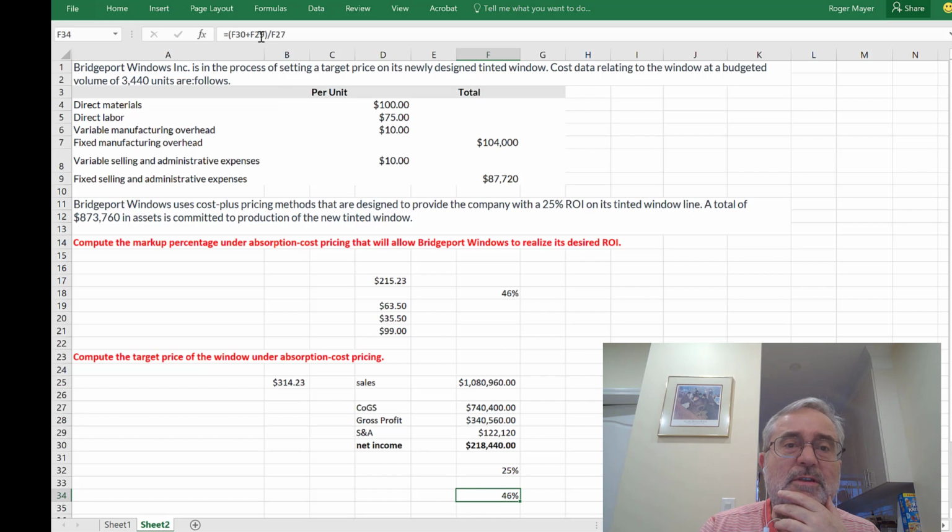So again, where did that number come from? It came from our net income plus sales and administrative expenses, and then dividing this by our cost of goods sold. So we have a markup of 46%, a return on investment of 25%, and a sales price of $314.23. So hopefully this helps.